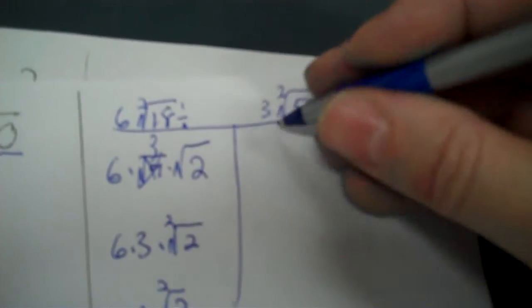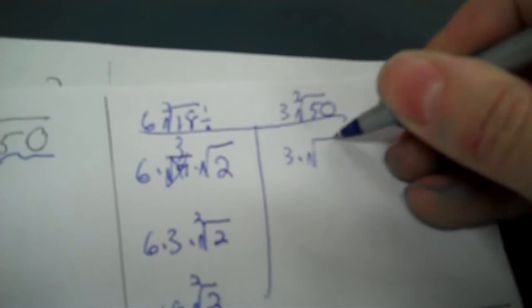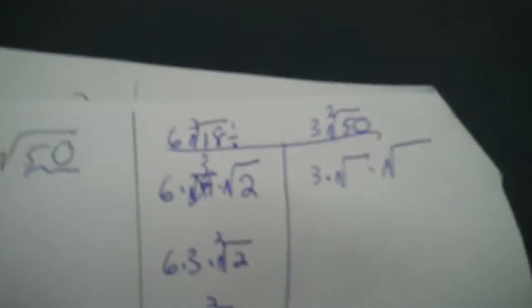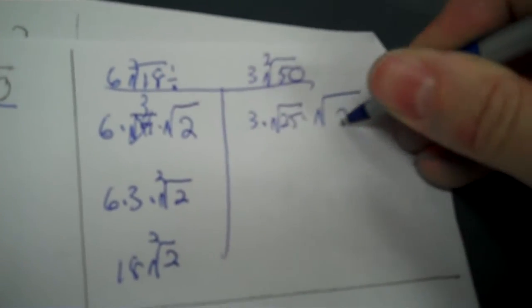Okay, now 50. Again, 50's not here, so I drop my 3. Okay, 50 divides by 49, no. 50 divided by 25, yep. So 25, 2.